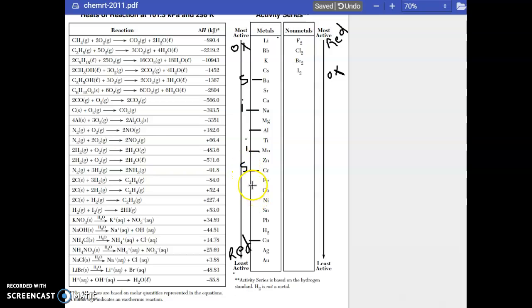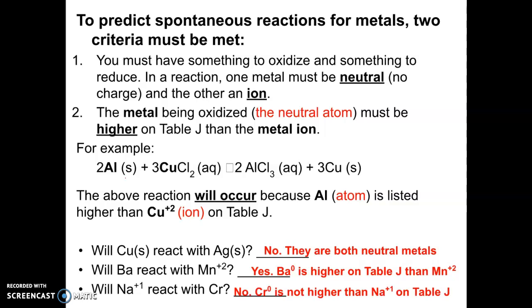This is not going to work, because the solid has to be the one on top. In this case, sodium is the ion and not a solid. So that's not going to work. They're switched roles. So we should see, no, chromium neutral or solid is not higher than sodium ion on Table J.